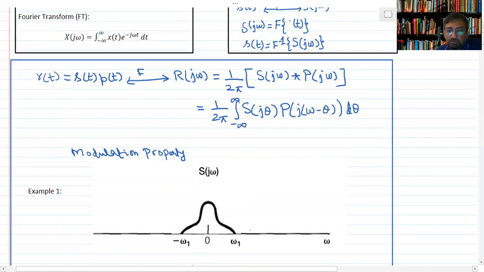The primary purpose of shifting this spectrum is to produce a signal that is more suited to the characteristics of the transmission channel. And this shifting of the signal from one frequency region to another frequency region is called modulation, because this can be done with the help of the multiplication property that we have just shown at the top.